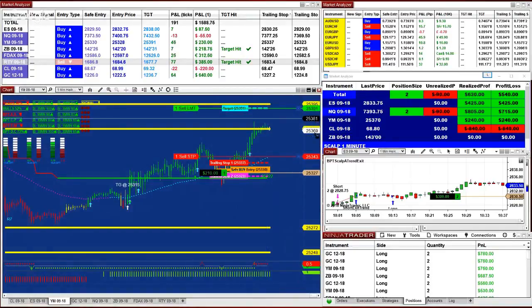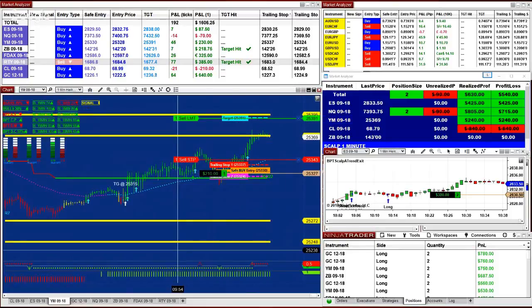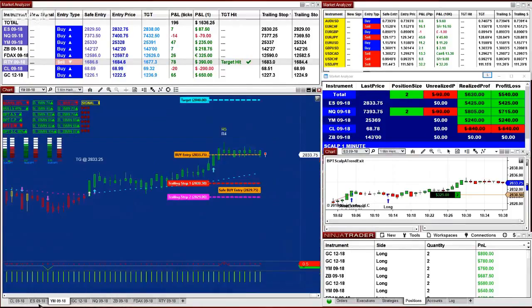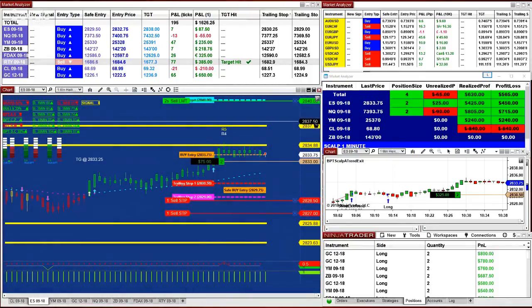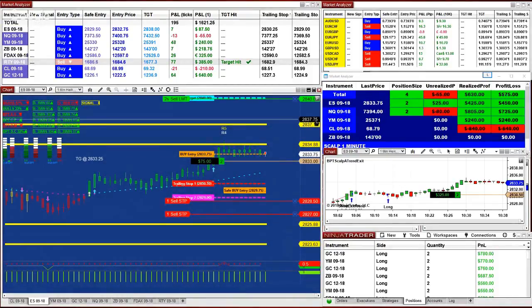It's telling us that there is still a lot of potential, so let's see. Let's go back to the ES. Okay, it's dying on us, the ES. We cannot do anything, so we just wait.